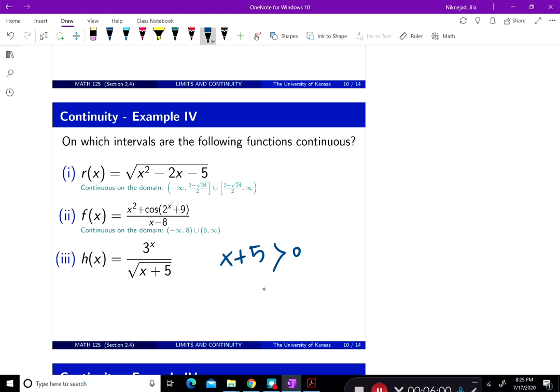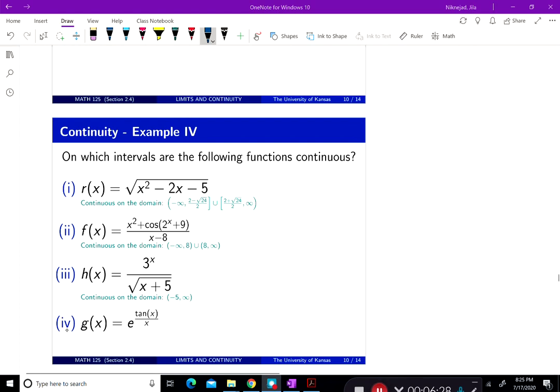I'm sorry, I said under the square root has to be positive, it is bigger than or equal to 0. And here that means that x is bigger than -5. So -5 to infinity is the domain, and h is continuous on this domain.